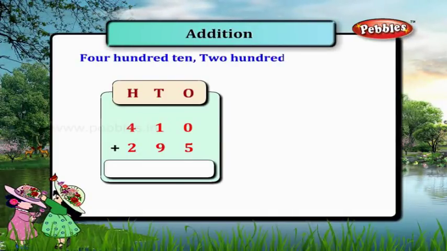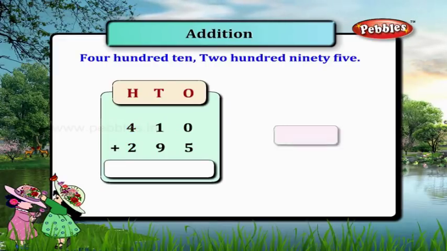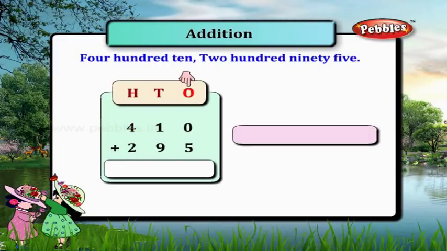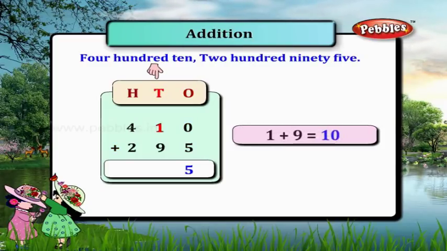410 plus 295. Add the ones. 0 plus 5 is equal to 5. Add the tens. 1 plus 9 is equal to 10.